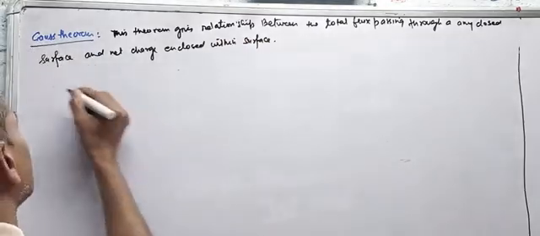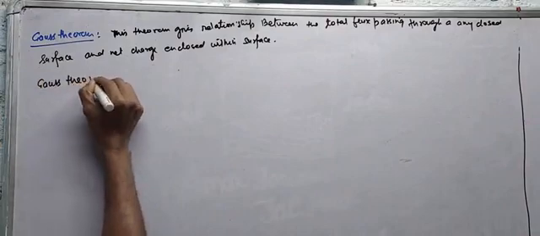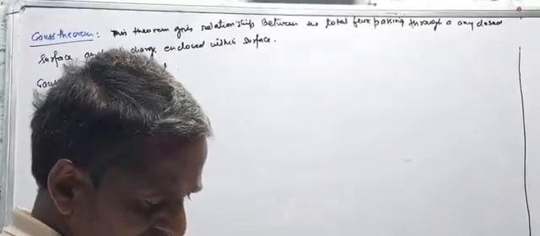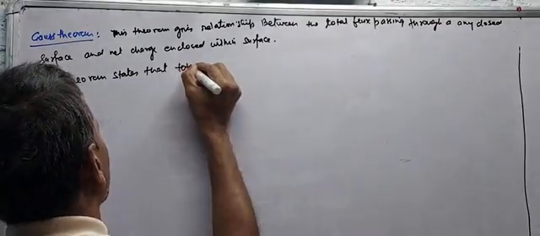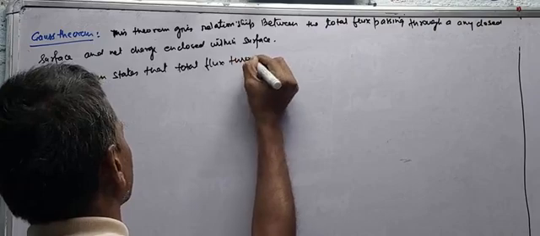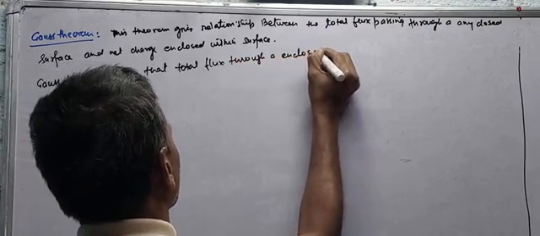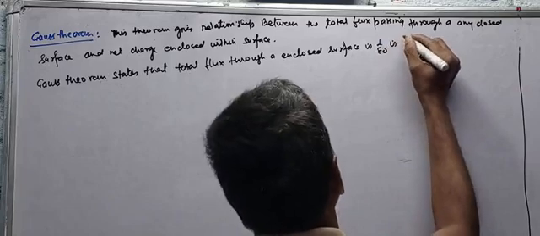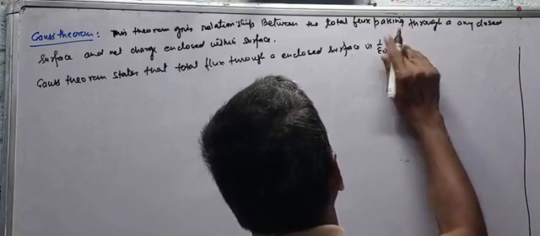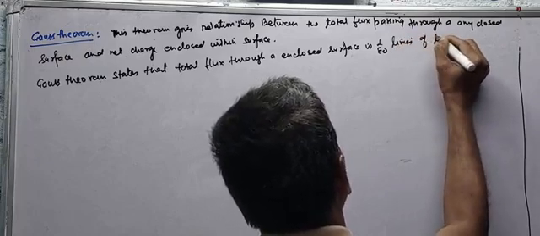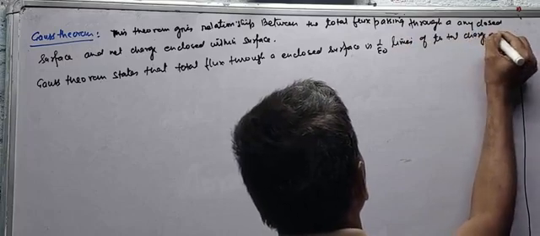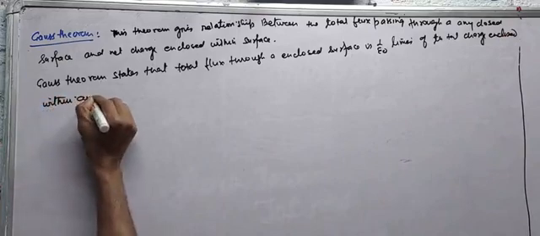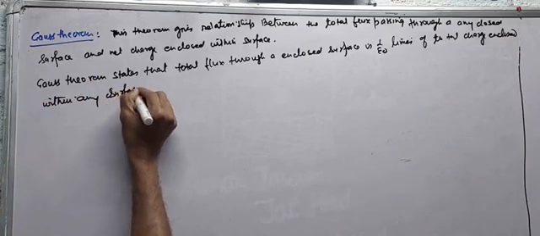Gauss theorem states that the total flux through a closed surface is 1 upon epsilon naught times the total charge enclosed within any surface.